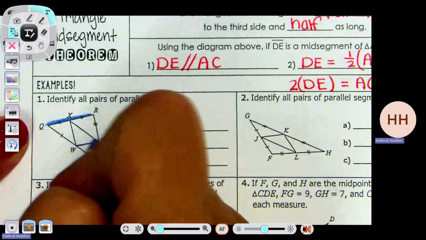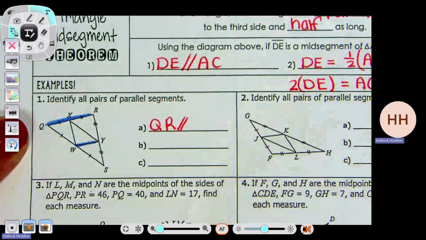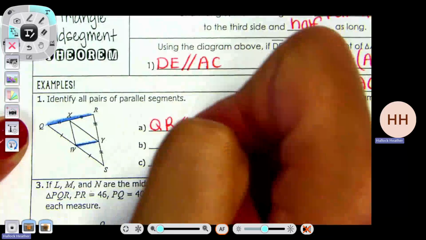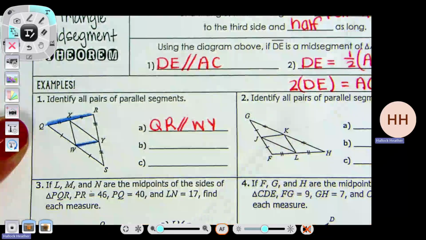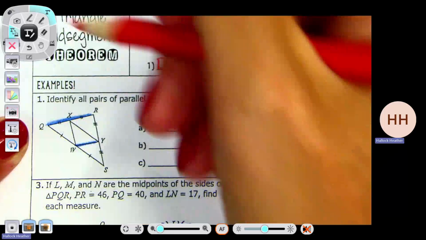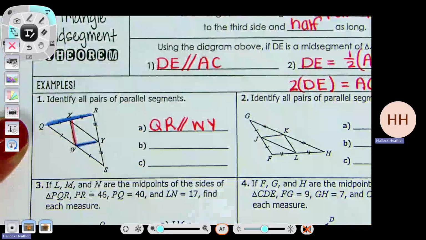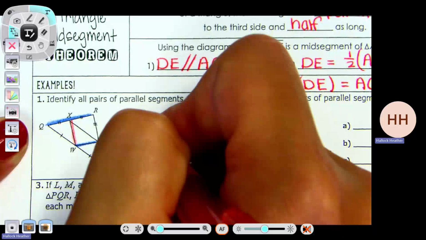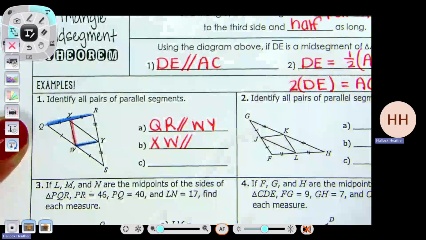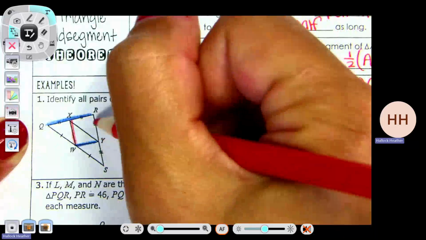WY. So these are parallel. They're not the same length, but they're parallel. So WY. Let's do another one. If I say XW first, what is that parallel to? RS.